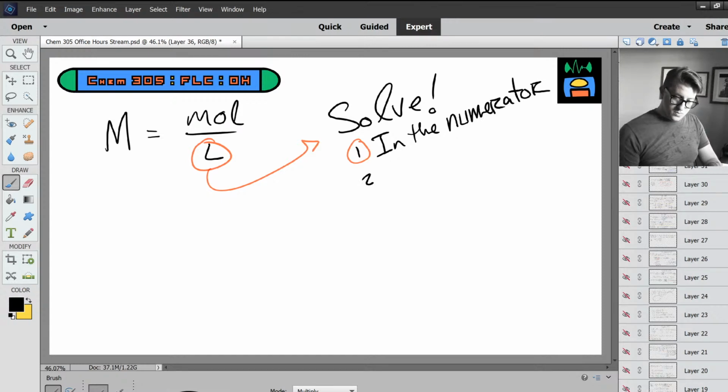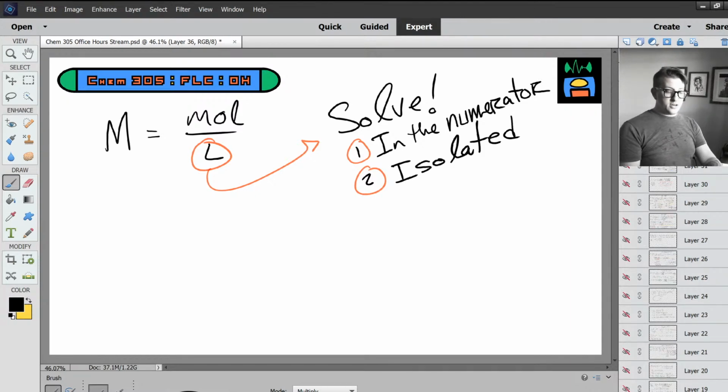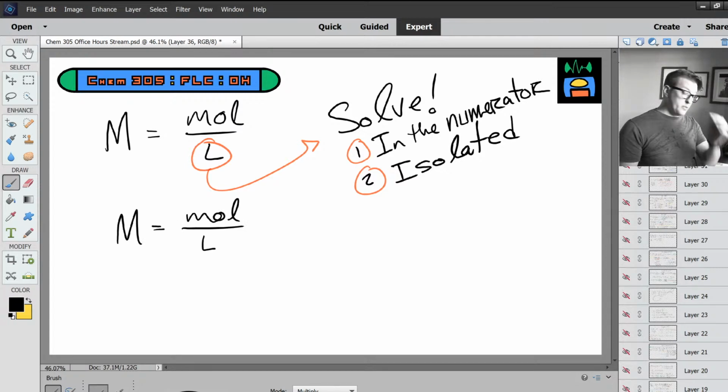And two, it needs to be isolated on one side of the equation. The problem with this equation is we've got both problems actually. We have liters in the denominator and it's with other stuff on one side of the equation.